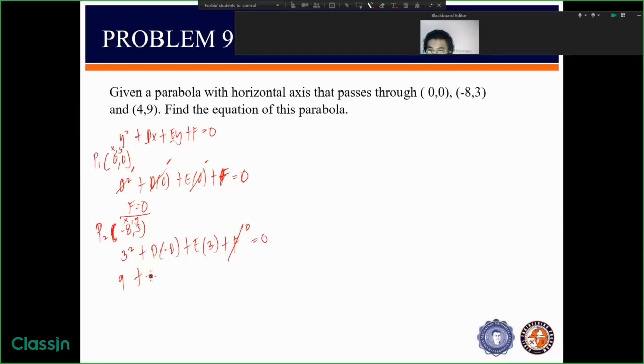So, you have 9 minus 8d plus 3e equal to 0.